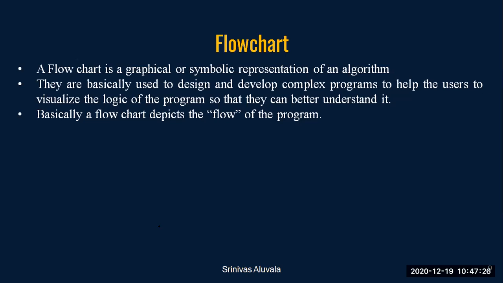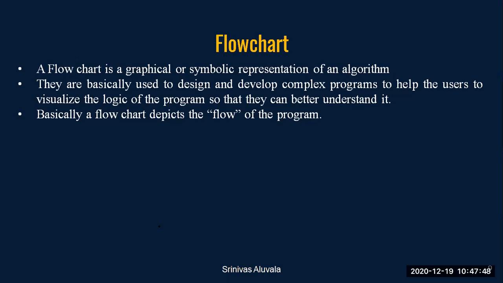But if the same algorithm is shown as a picture using some graphical representation, you will be able to understand what the flow of the problem is, how the flow is going on, and how you can get a solution to your problem. That is made easy using flowcharts.